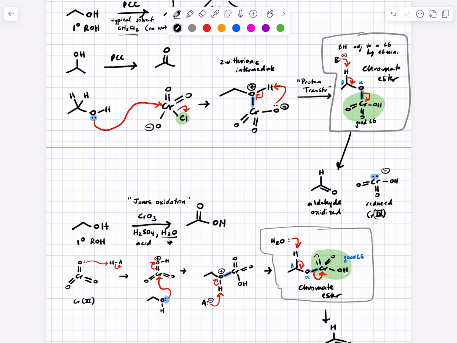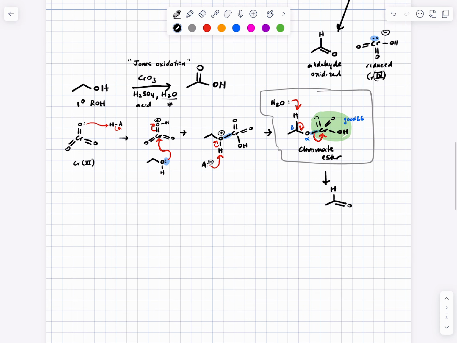And if you go through an identical intermediate, then you're going to have a tough time explaining why one's more reactive than the other. I think the authors are hoping that you didn't notice. And that's okay, because the explanation requires something that you won't get in a lot of detail until 352, but we're going to do it now anyway.